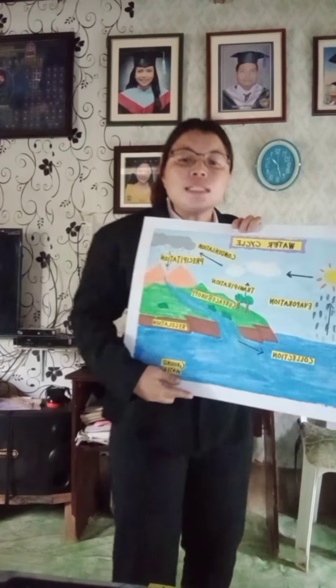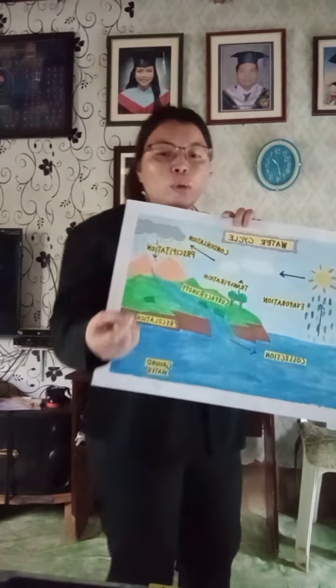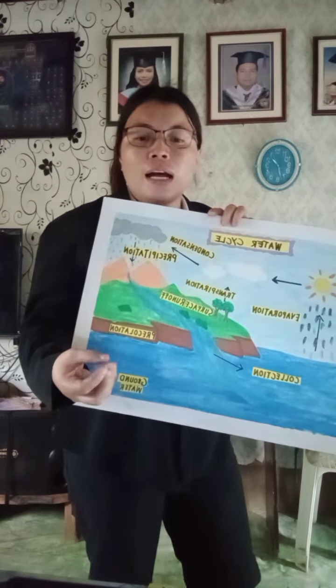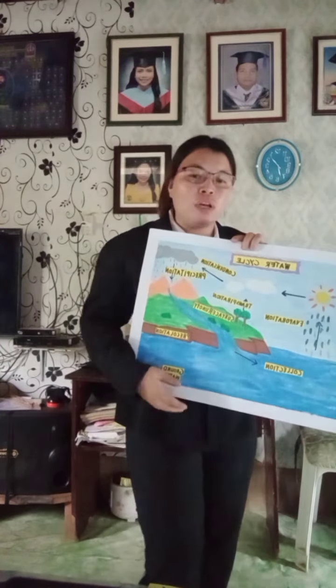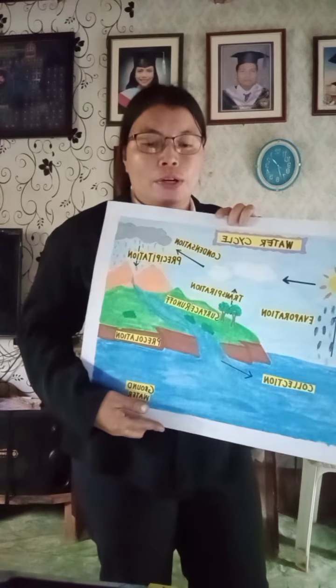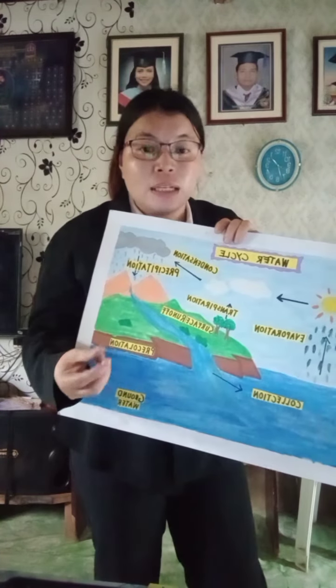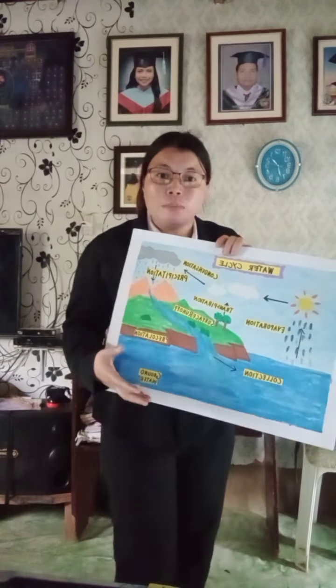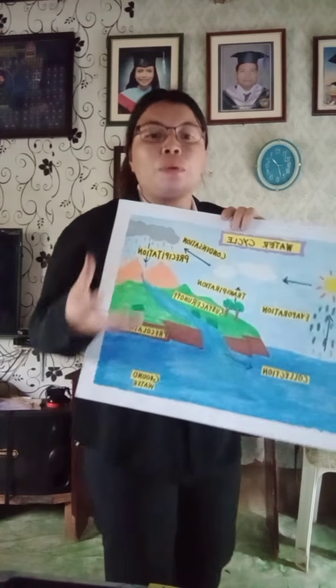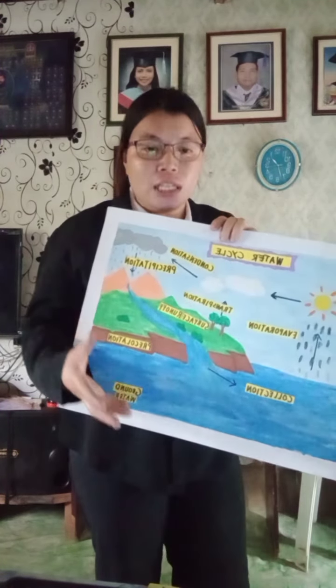It is a complex process that not only gives us water to drink and food to eat, but also the weather patterns that help grow our crops. That's why, class, water is very important, because water is an integral part of life on this planet.